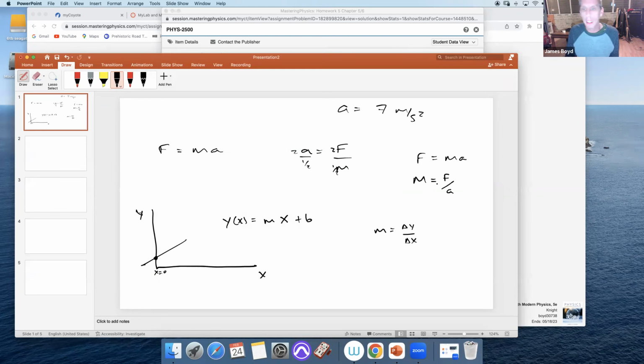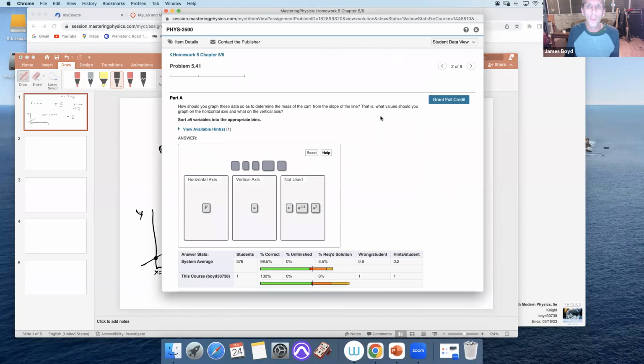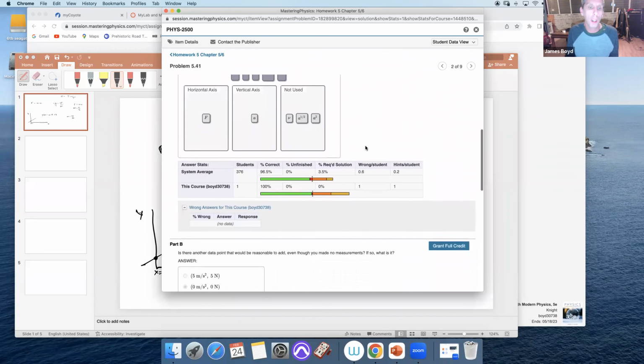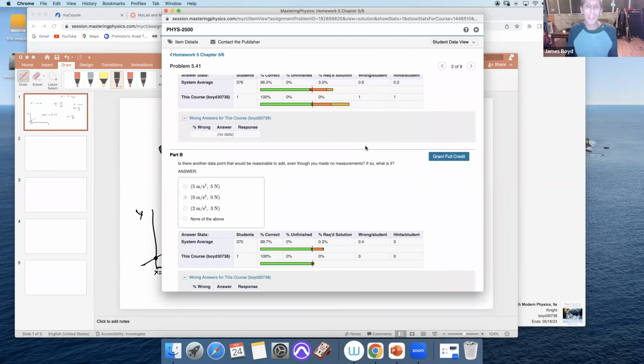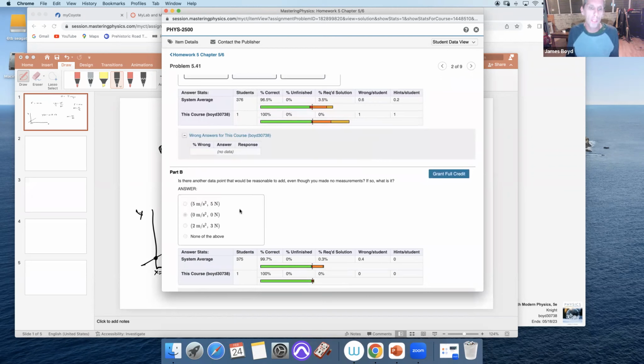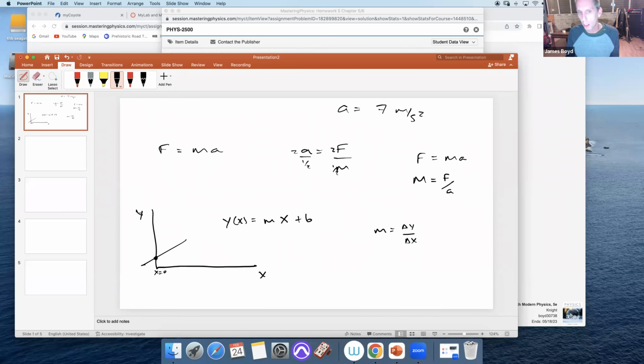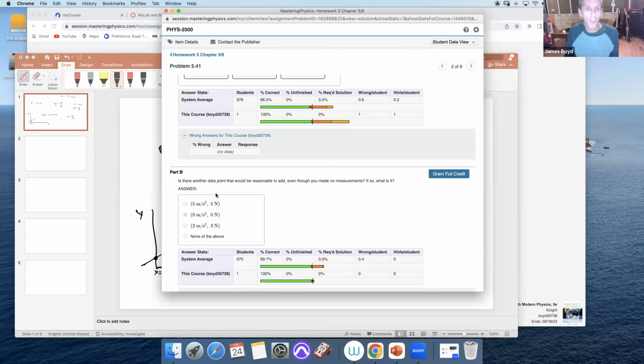Why? Because it is a linear relationship between F and A. Another data point we could reasonably add would be 0, 0. And the reason for that is when the force is 0, the acceleration should be 0 as well. No force, no acceleration.